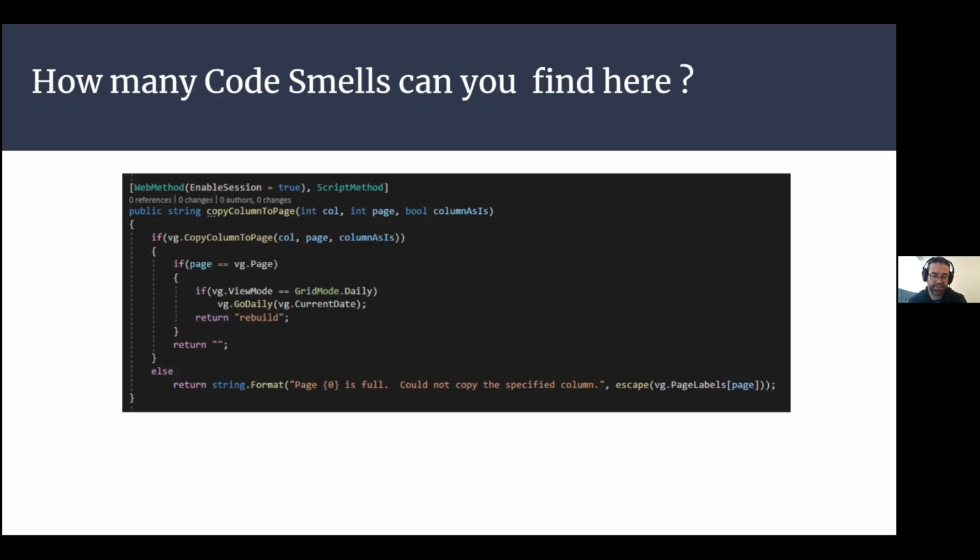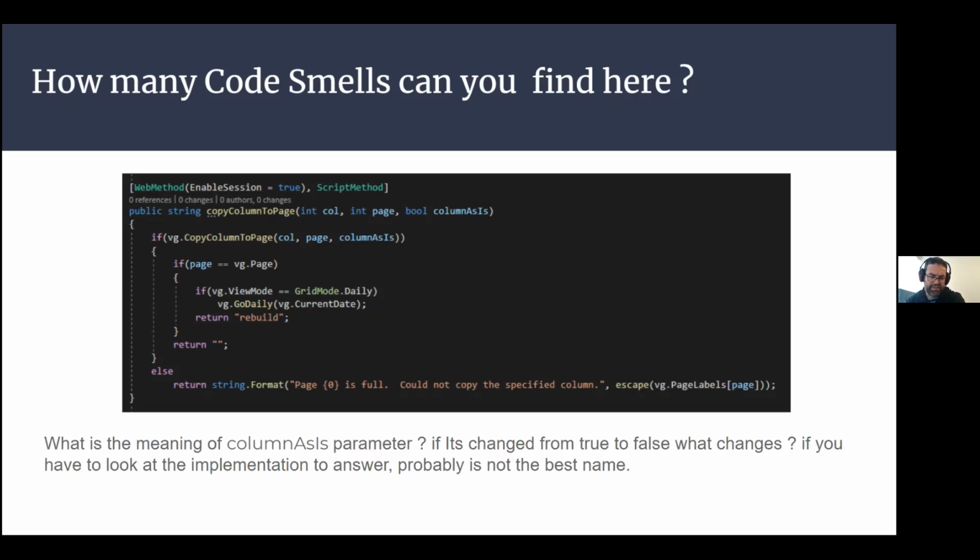So we should have at least a variable that returns at the end, and try to simplify this. Also, what is that column as is parameter? What is it doing? I don't know, it's not very clear.